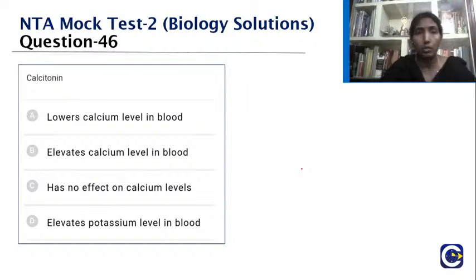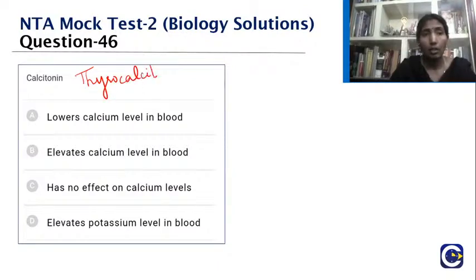mock questions discussion here. So calcitonin, the options are: lowers the calcium level in blood, elevates the calcium level in blood, has no effect on calcium levels, elevates potassium level in blood. So when you look into calcitonin, it is also called thyrocalcitonin, which is secreted by the parafollicular cells of the thyroid gland.